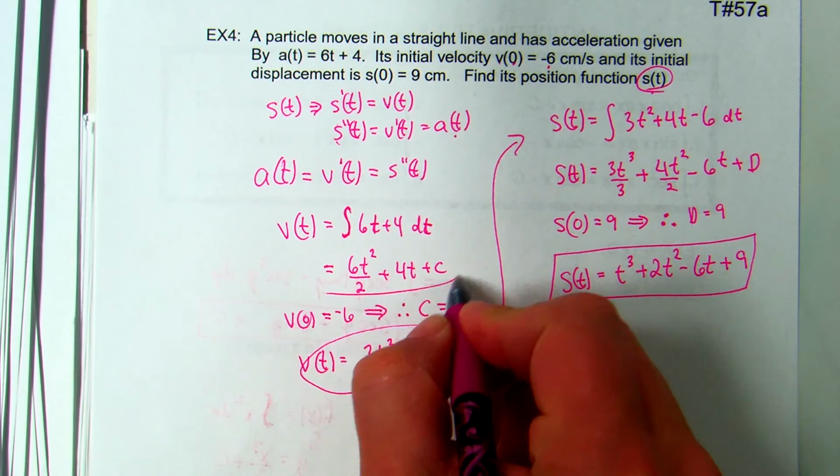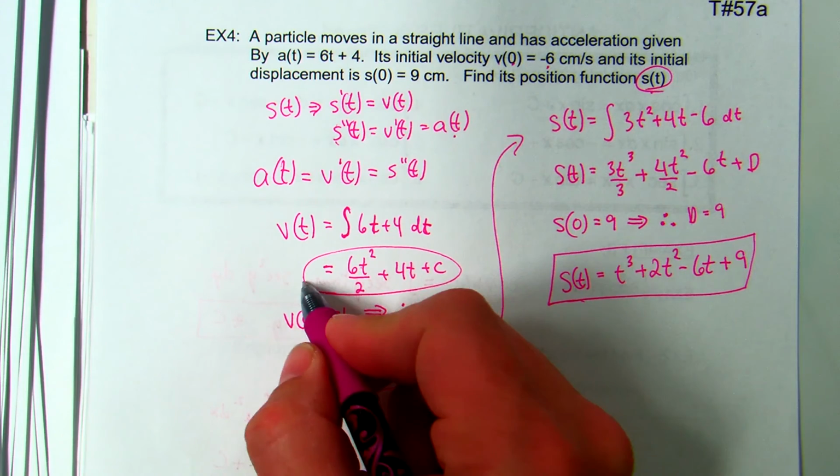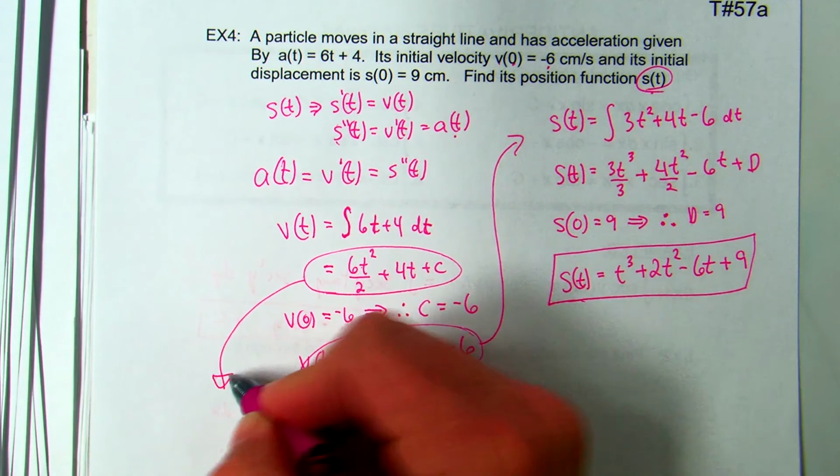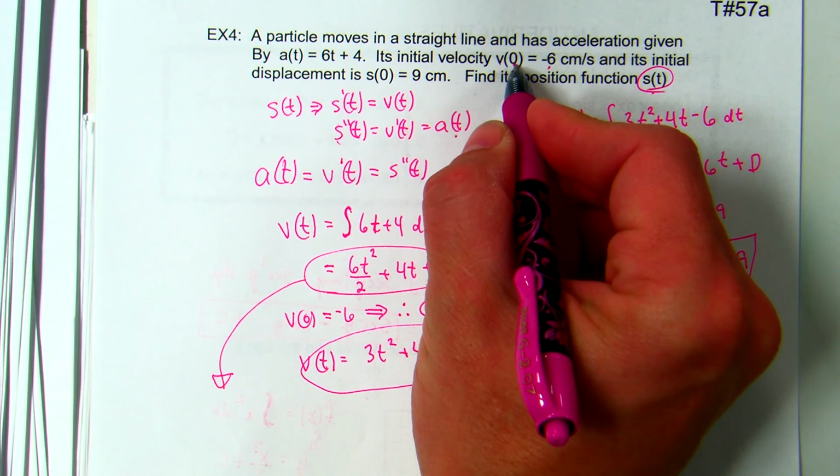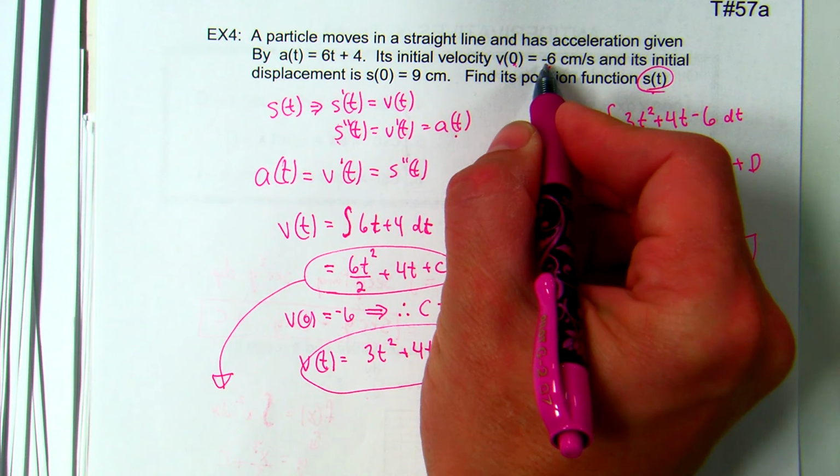If we take this velocity function, we know velocity at 0 is supposed to equal negative 6.